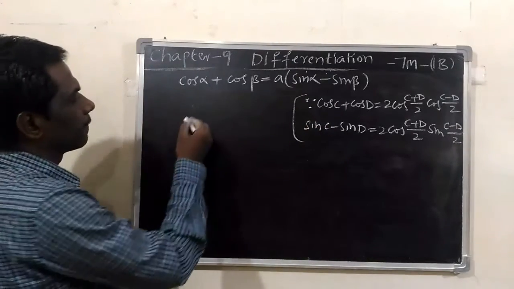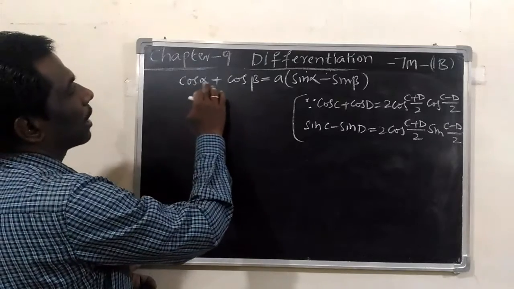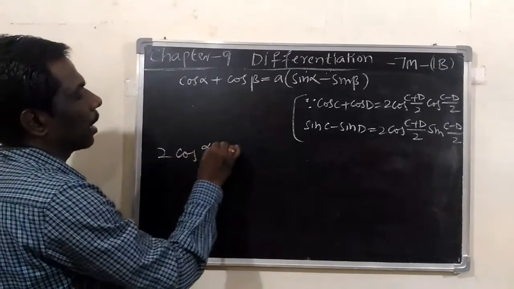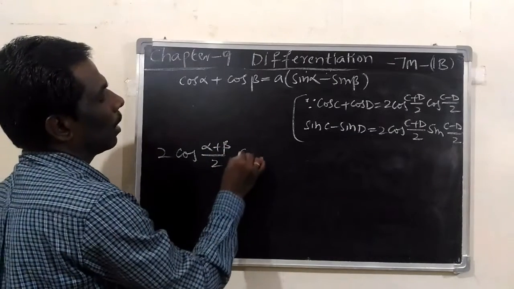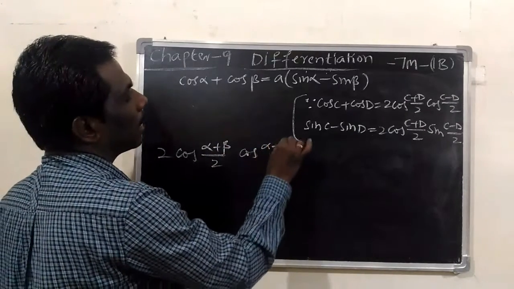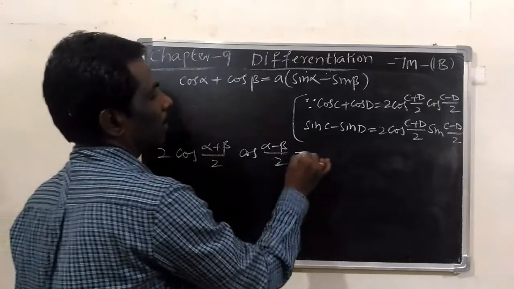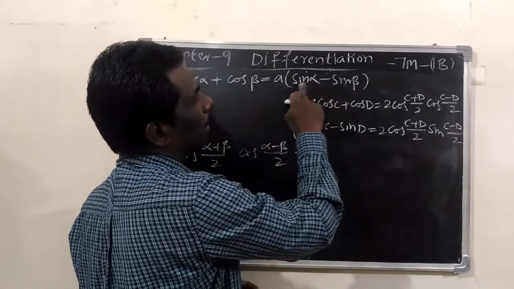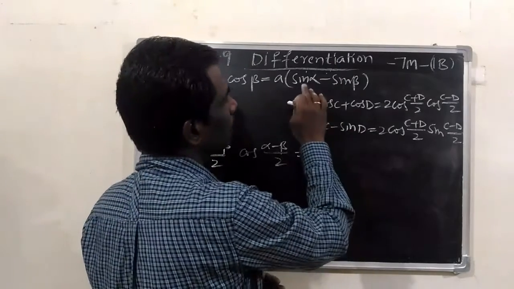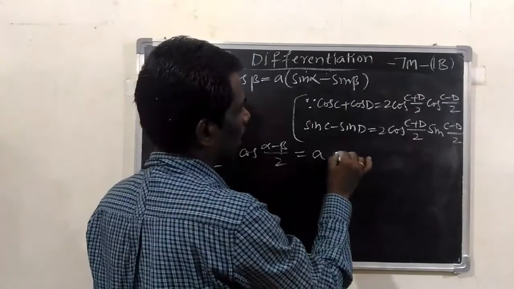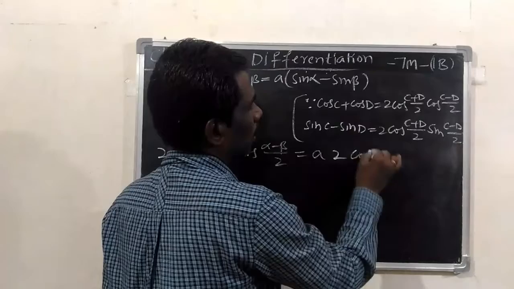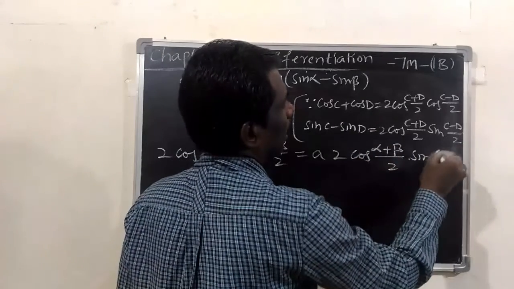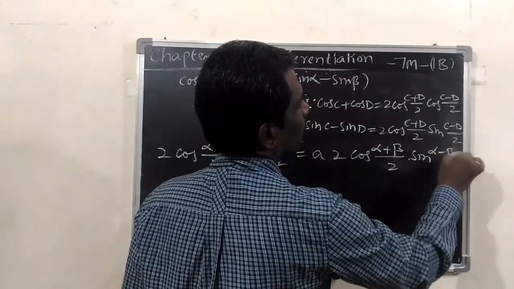So now I am substituting it. Cos α + cos β can be written as 2 cos((α + β)/2) cos((α − β)/2) = a times the formula for sin α − sin β, which is 2 cos((α + β)/2) sin((α − β)/2).